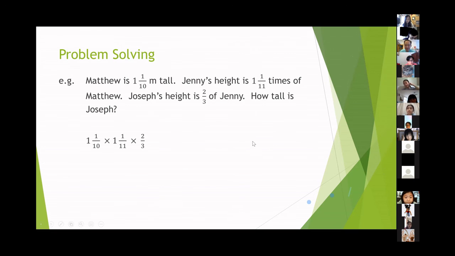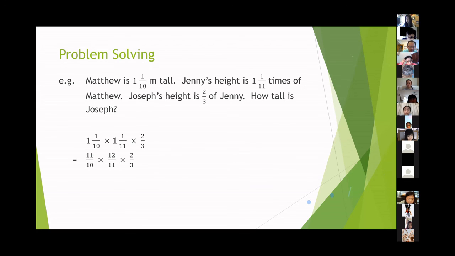Okay. Now, not that difficult one. We have two mixed numbers. So change the mixed number to improper fraction, and then we have two improper fractions. Just do the multiplication, and if you have something you can simplify, just simplify.